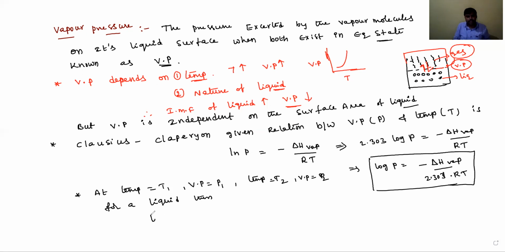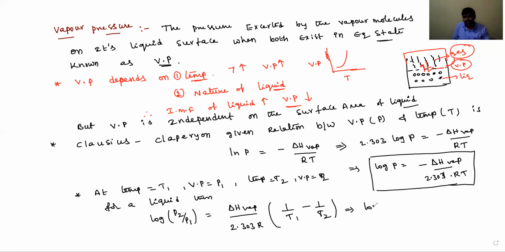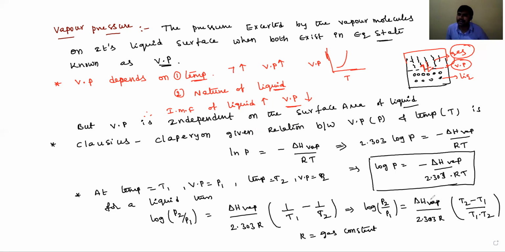Then log P2 by P1 is equal to delta H of vaporization by 2.303 R into (1 by T1 minus 1 by T2), which is also log P2 by P1 equal to delta H, enthalpy of vaporization, divided by 2.303 R into (T2 minus T1) whole by T1 into T2, where R is the gas constant and delta H is the enthalpy of vaporization.